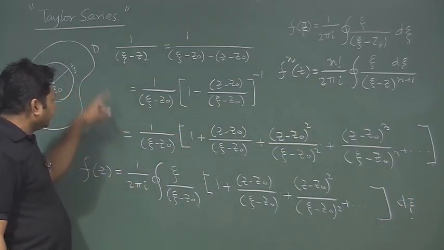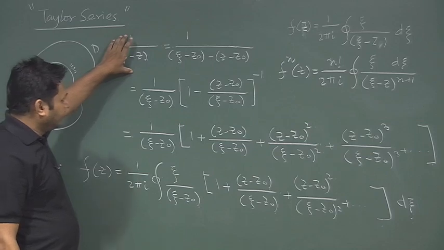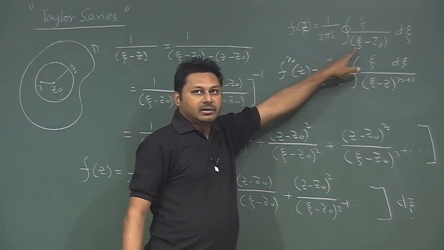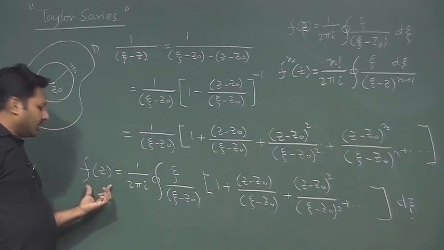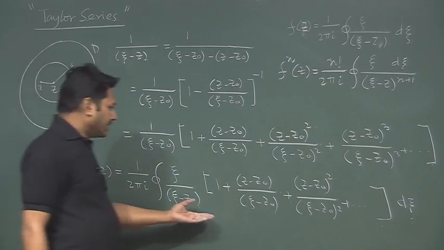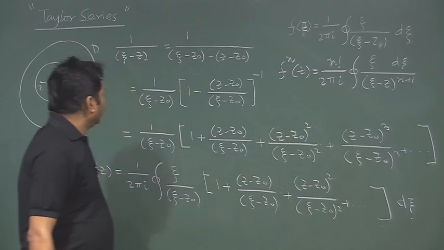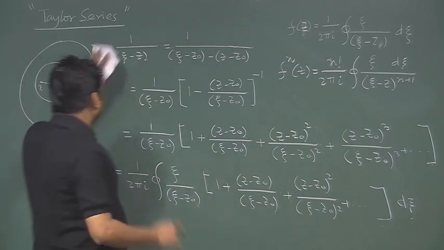I just replace this 1 by (xi minus z) with this quantity here, and as a result I have an expansion of f(z) in terms of this. This is the thing. Okay, so let me erase this part.